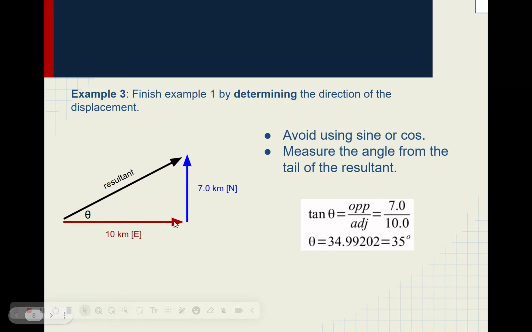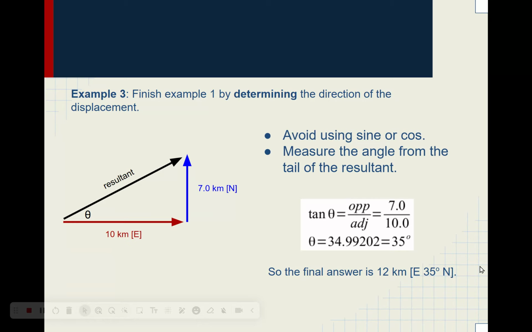This vector is east, and that's what I'm using as a reference line for my angle. So I would be east 35 degrees, going up towards here where north is, even though I never quite get to it. So best way to probably write this as a full answer is 12 kilometers, and then in squared off brackets, east 35 degrees north.